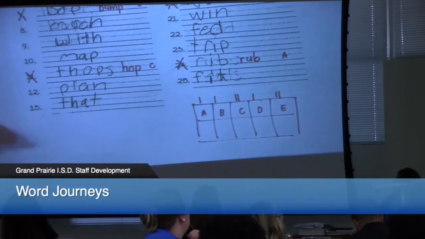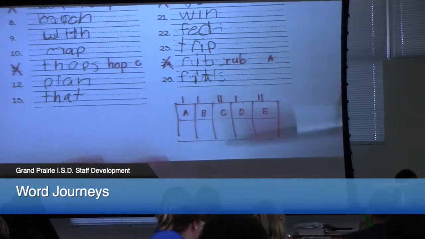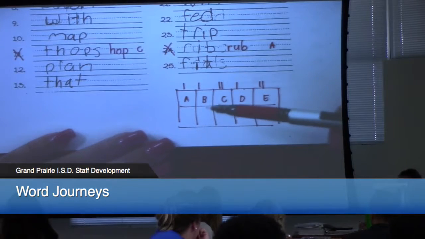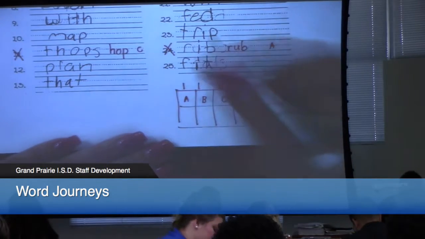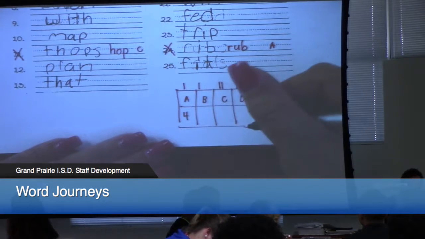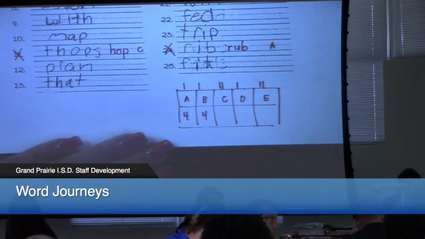And so we're here, and so these are all the number of errors, right? So how many words do they have for each pattern? 5. So if I have one wrong, how many correct? 4. For B, how many wrong? 4. For C, or how many right?